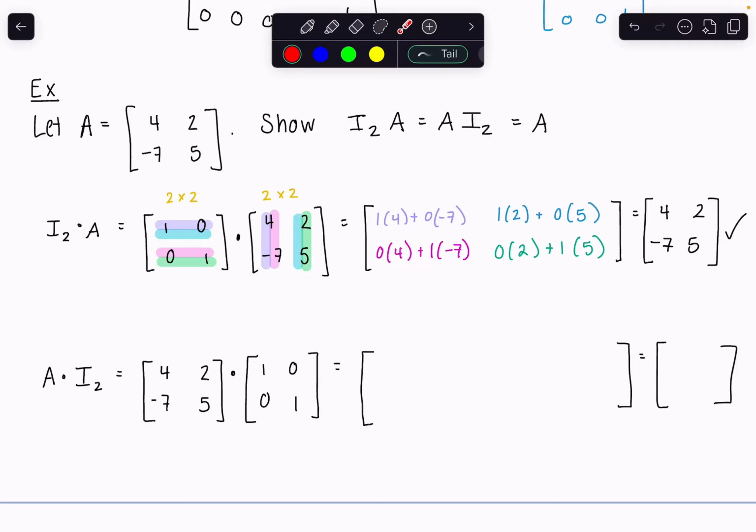So that's the only way I'm going to be able to switch the order, if they both have the same square dimension. Starting with my first element in the first row, first column, I use the first row, first column. And remember, we go down the line. So 4 times 1, 2 times 0.